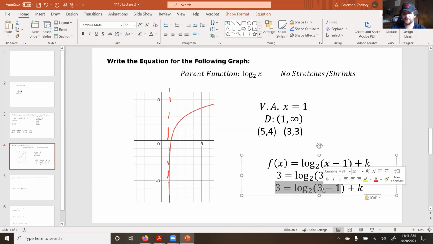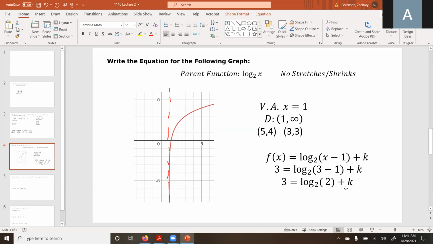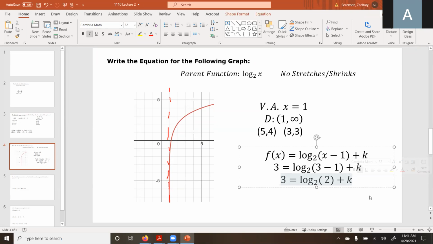3 minus 1 is 2. What's log base 2 of 2? 1. Nice.